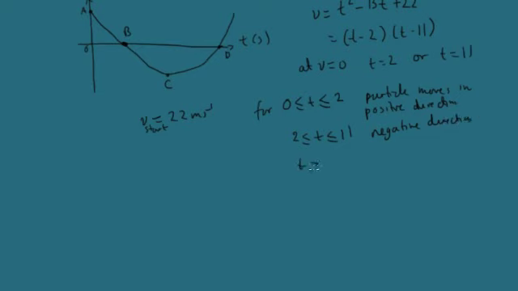For t greater than 11, the particle is in the positive direction again.